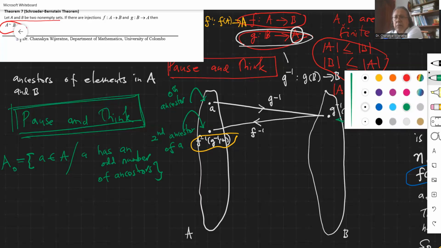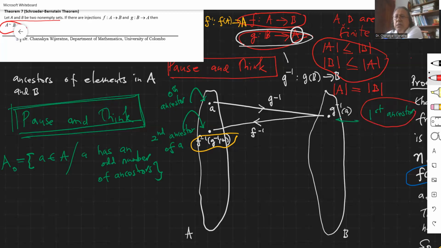But it could be that it has three ancestors: first, second, third. So in that case it comes back via G inverse.